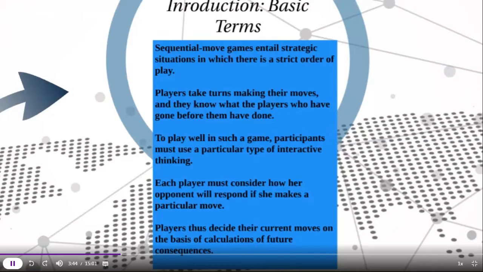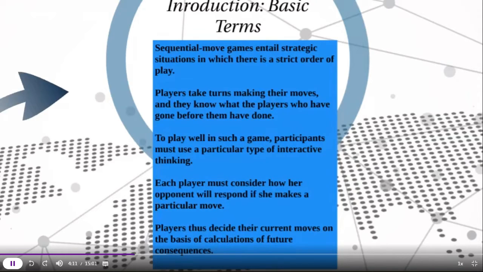Now, each player must consider how her or his opponent will respond if he or she makes a particular move, as we have discussed. So before making a move, they have to see what kind of move the other players are going to make.